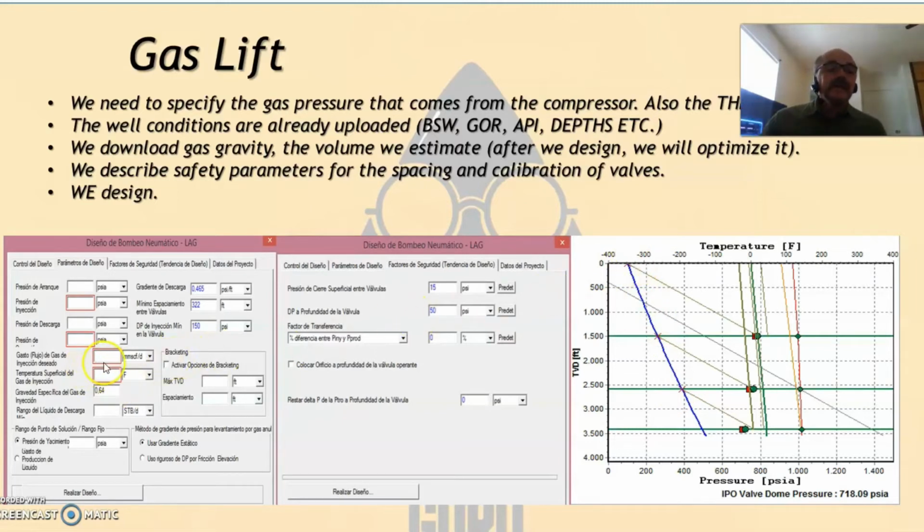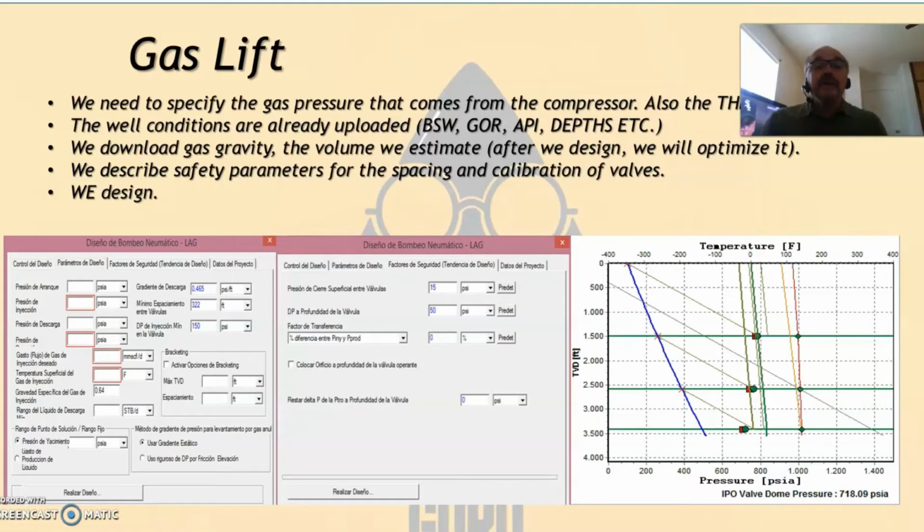We set a volume of gas that we can optimize later, but we set something, and we specify the design of the spacing of the mandrels, like the pressure drop between each one of the mandrels, and the minimum depth we want from one mandrel to the other, and things like that. Those are safety factors about the design.